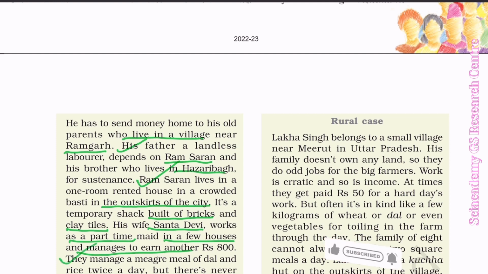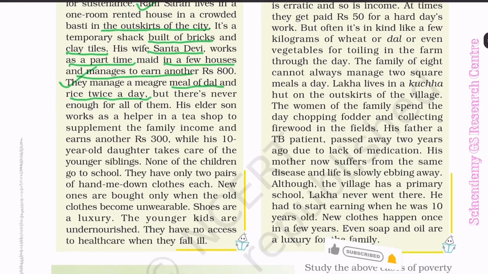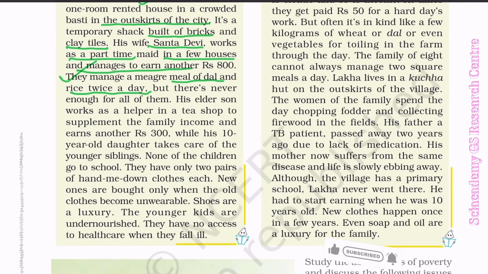They manage a meager meal of dal and rice twice a day, but there is never enough for all of them. His elder son works as a helper in a tea shop to supplement the family income and earns another rupees 300 while his 10-year-old daughter takes care of the young siblings.